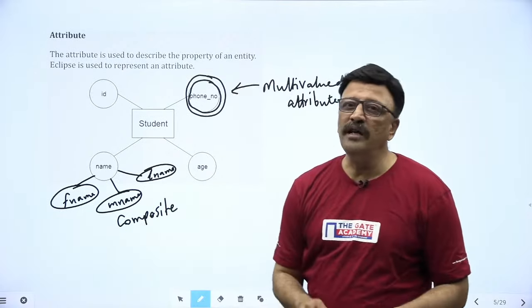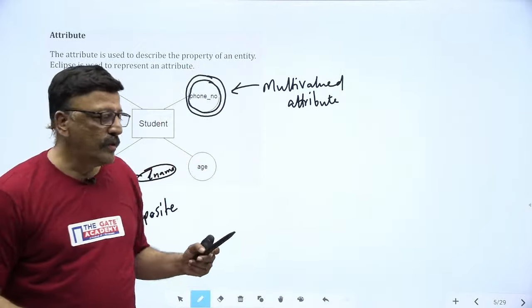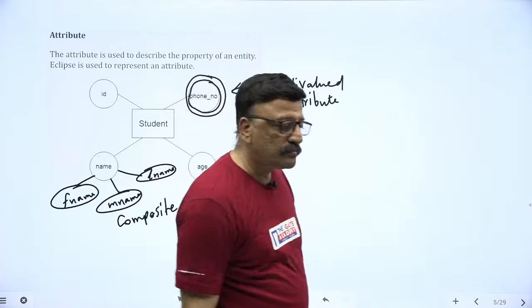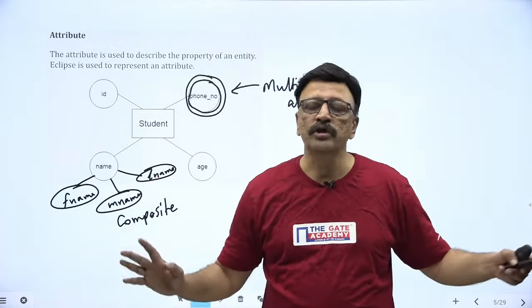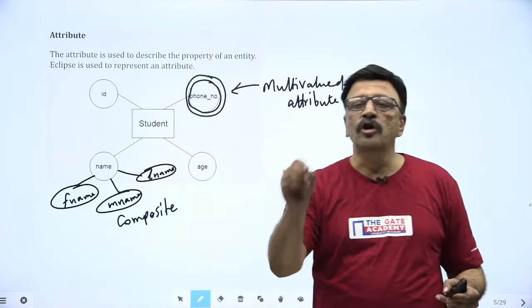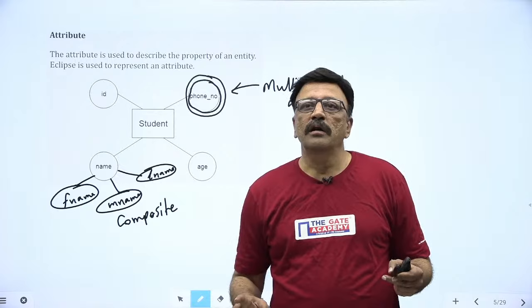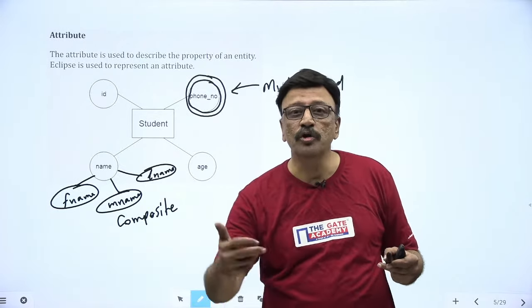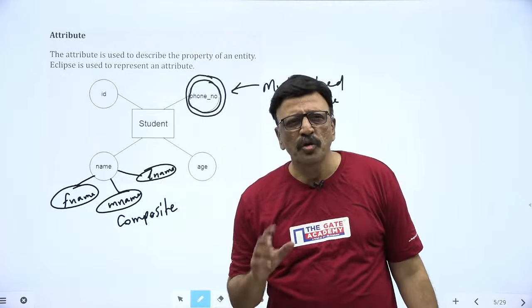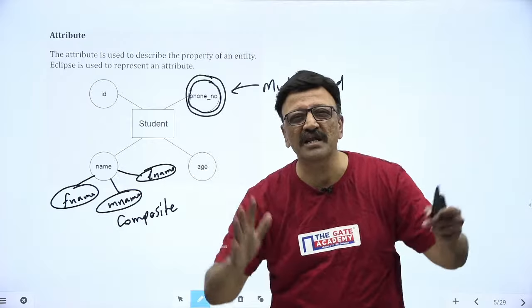So don't make any rules. Hello, boys and girls, don't make any rules. You may say, okay, from now onwards, whenever there will be a name in our ER model, we will show it as composite. No. Suppose you are talking to your customer and the customer says that we store names of our consumers. You ask them, do you give importance to first name, middle name, last name, or do you store the name just like that?